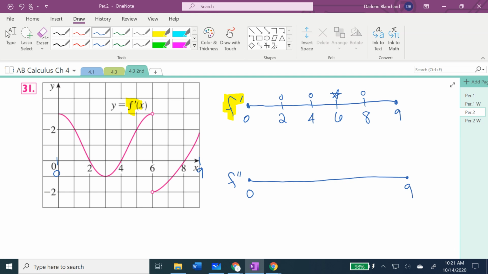Now, the next thing you need to do is ask yourself, what am I looking at on the graph of f prime to determine where f prime is positive or negative? Get into your own head whatever words you want to use, words you would say out loud.